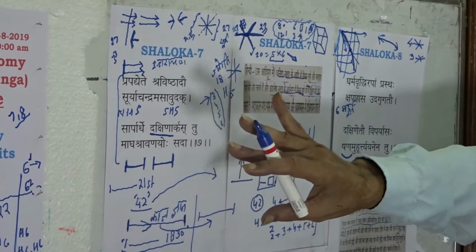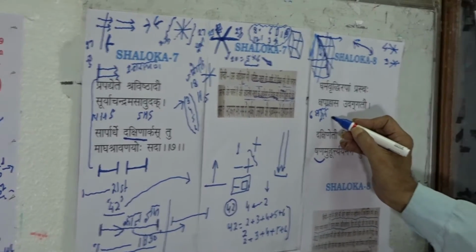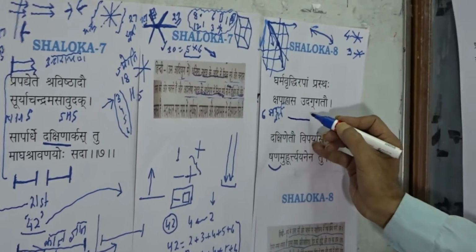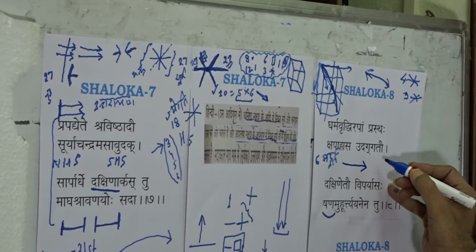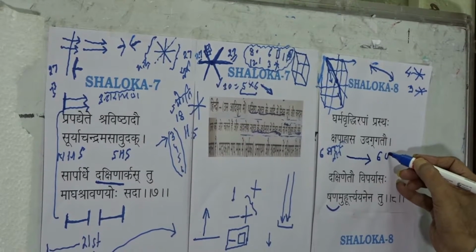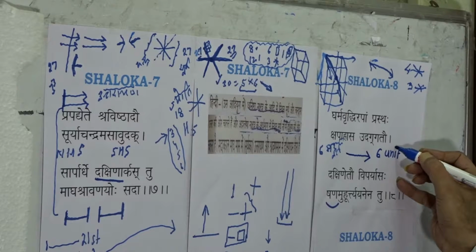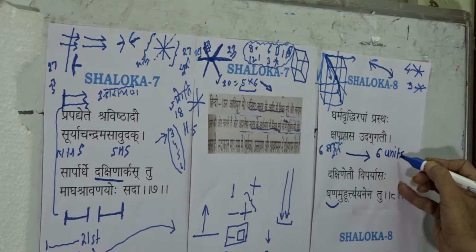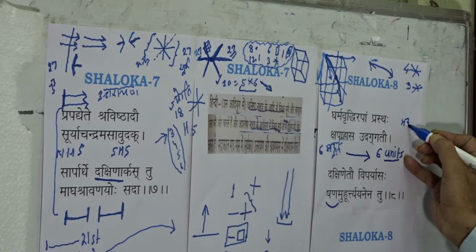Now this flow, therefore, is of increasing progression, going to be of 6 units, 6 Mahurats of time. This unit is a Mahurat.